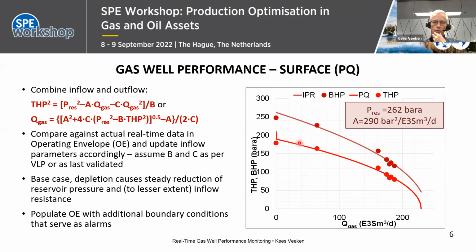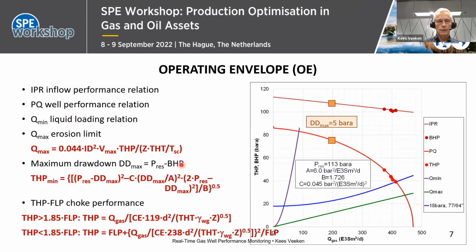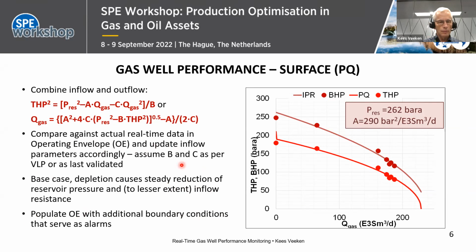And then obviously the difference is the pressure drop across the tubing, consisting of hydrostatic and friction. So that's quite convenient. You can get an analytical PQ expression, and we'll use those expressions to make this operating envelope.